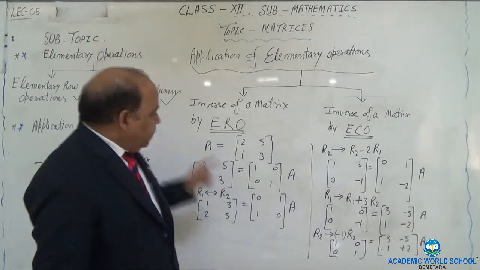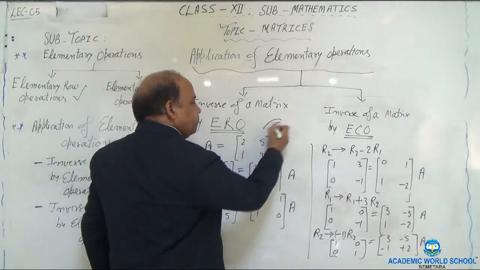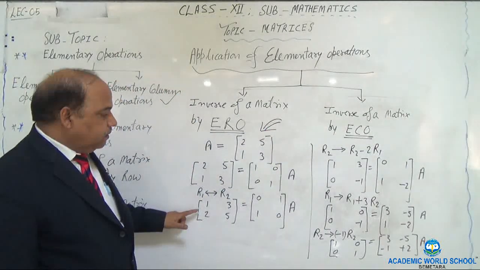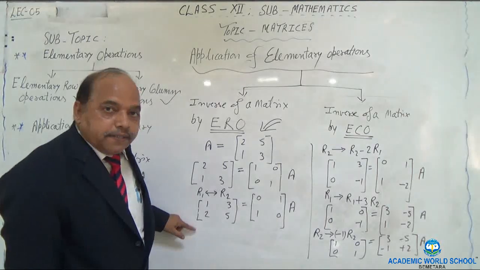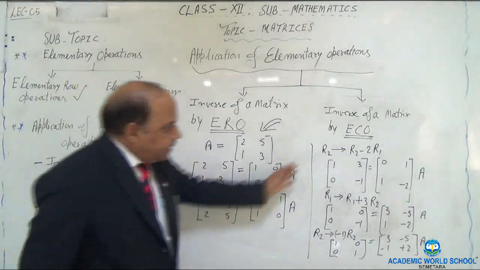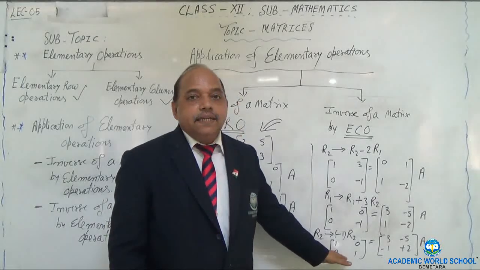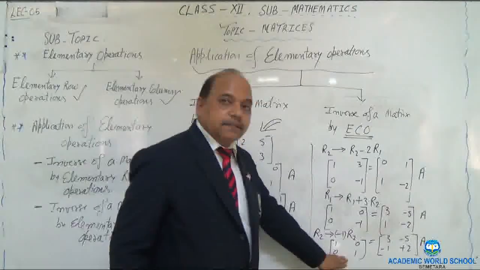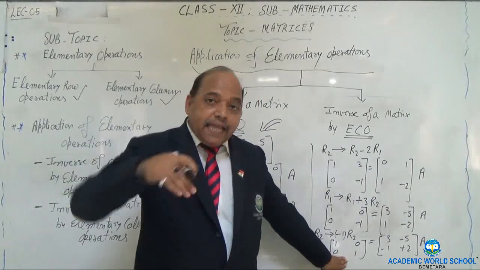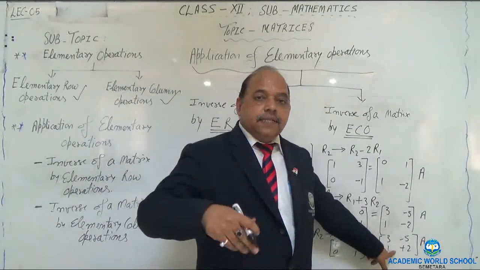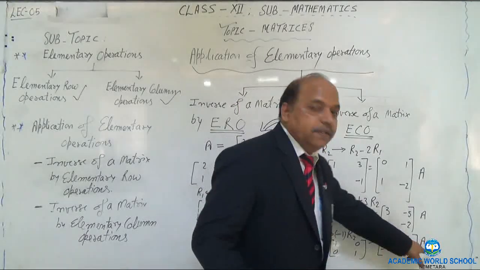Please look at this. We started with this matrix on the left hand side, applied these elementary row operations, and converted it into the identity matrix. And I said, the moment you get the identity matrix, whatever shape I takes on the right becomes the inverse of this matrix.